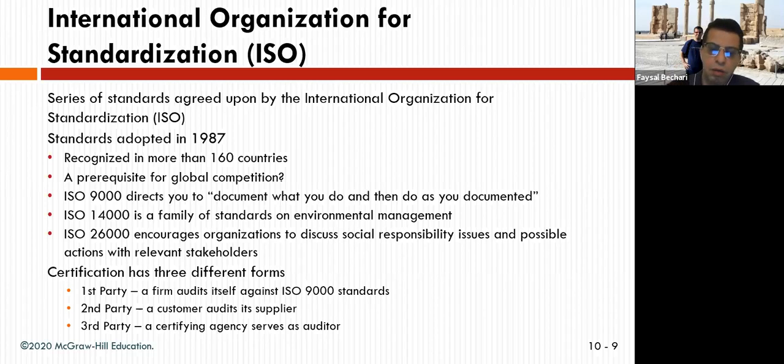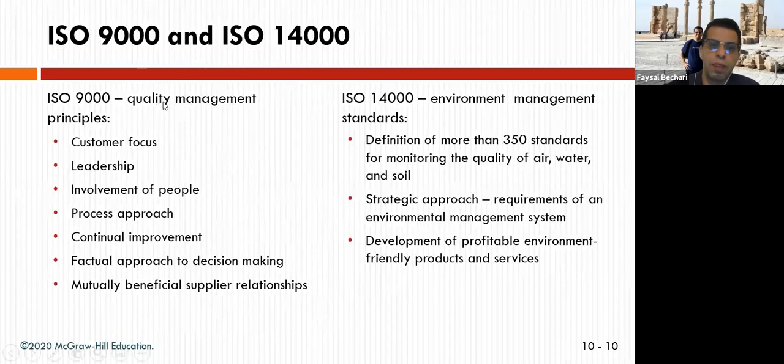The second type is a customer auditing its suppliers, so you go and audit and see whether they are doing up to the standard. And the third type is a certifying agency, a third party that comes and audits whether you're performing. All three types are acceptable in the market.